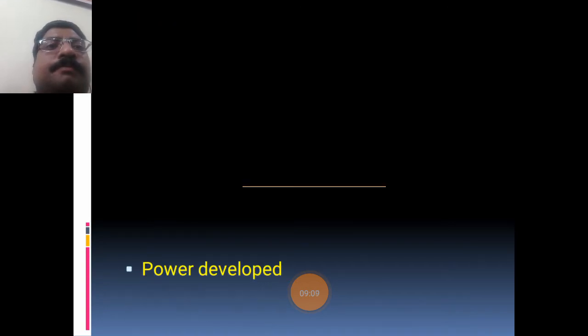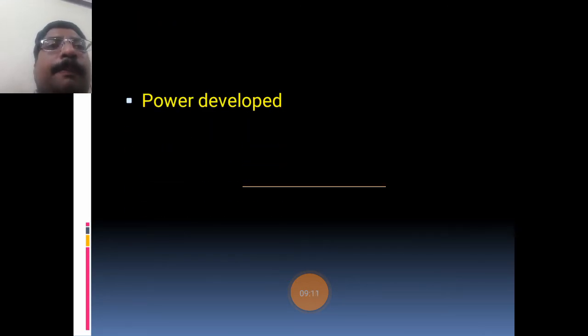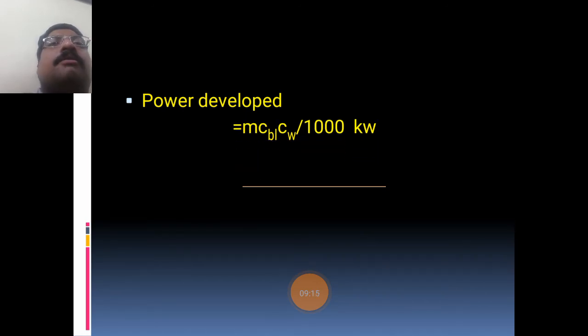Okay. Next, power developed. The power developed is nothing but the work done divided by 1000. So work done is MS into CBL into CW, divided by 1000.